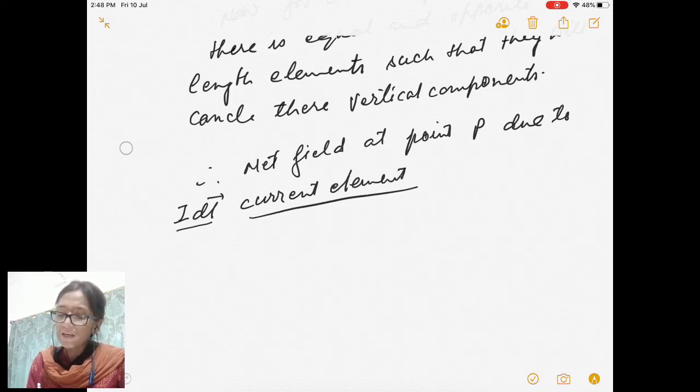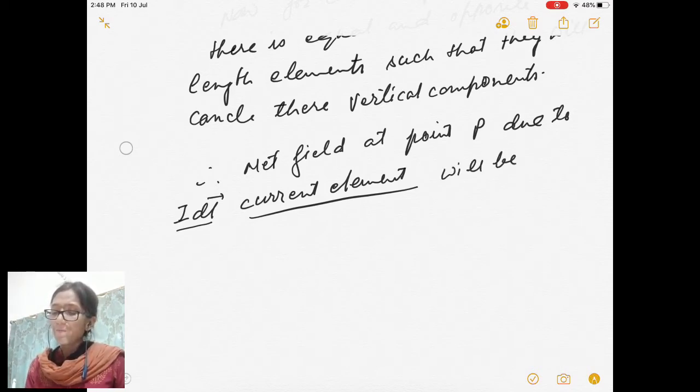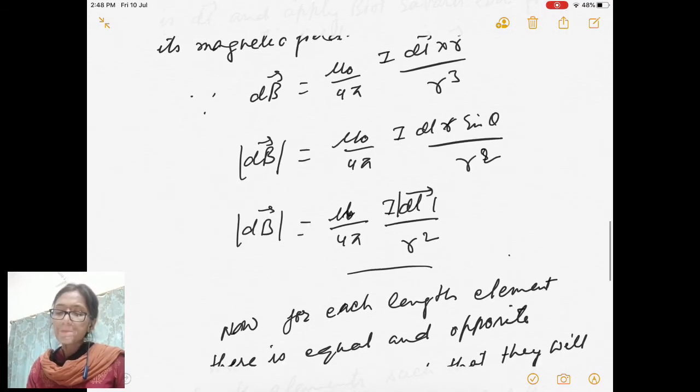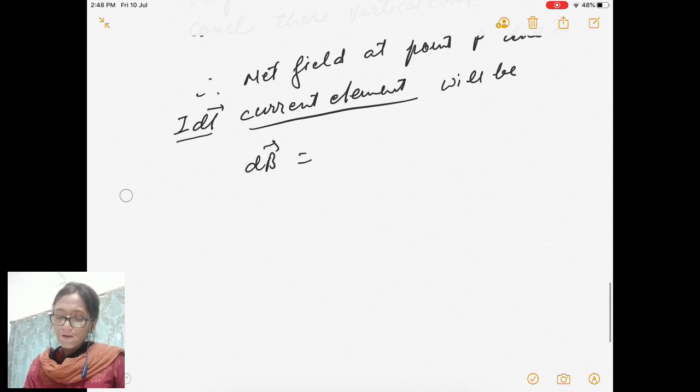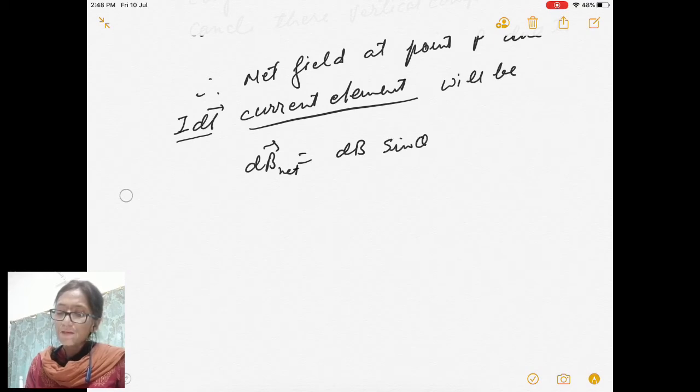The source is current element only. So net field at point P due to ideal current element will be dB sin theta only. And this is along the horizontal direction.